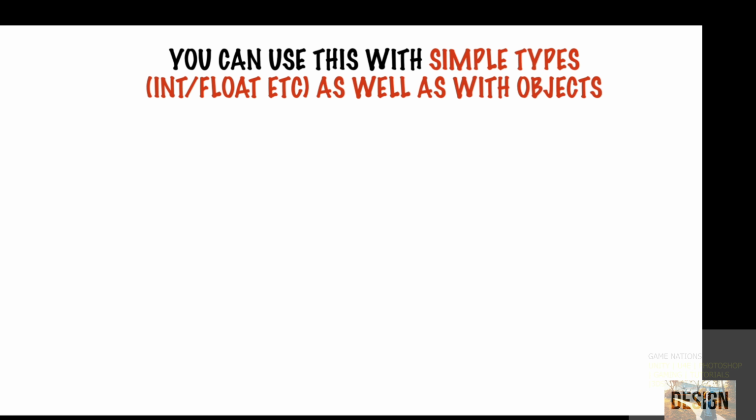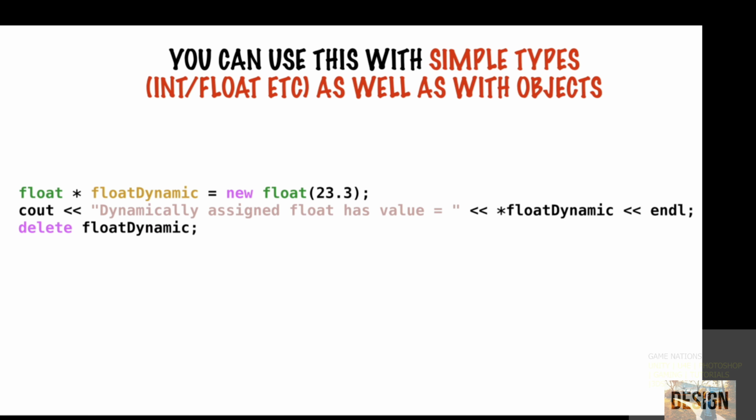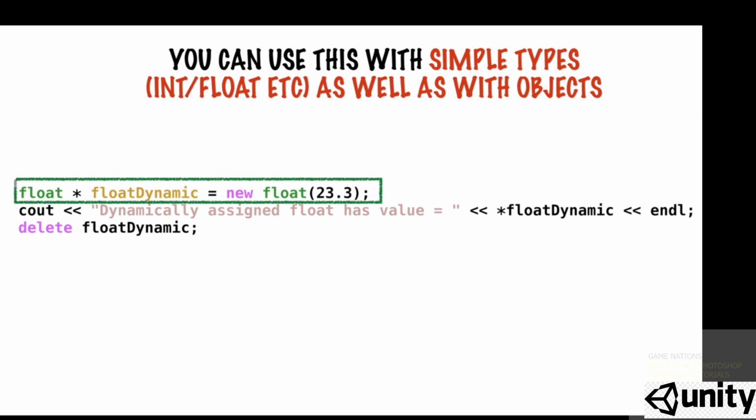Take a look at the code on screen. Here we have a float pointer, and we basically allocate memory and construct this pointer variable by using new. You can see highlighted on screen, float dynamic is the name of the variable.